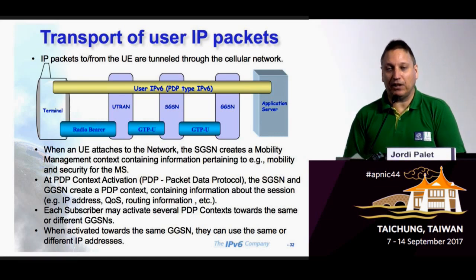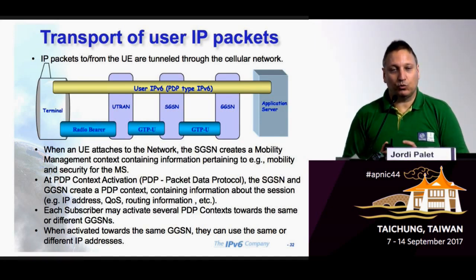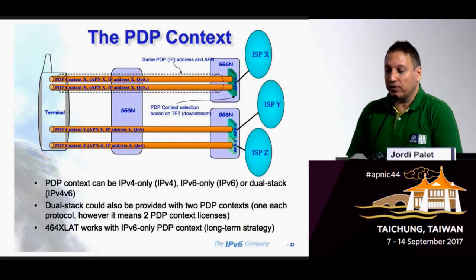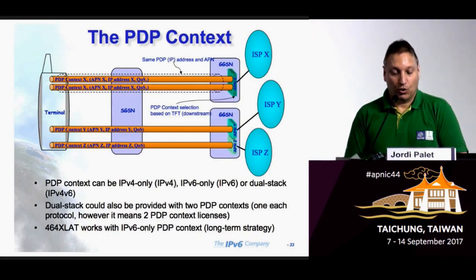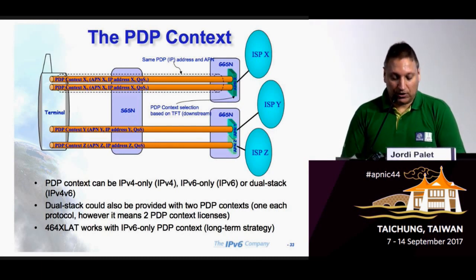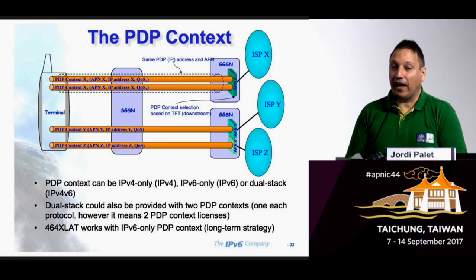Okay, so the PDP context is the main thing to create those tunnels across the cellular network. And in order to create those tunnels, this PDP context, we need something that we call the APNs.